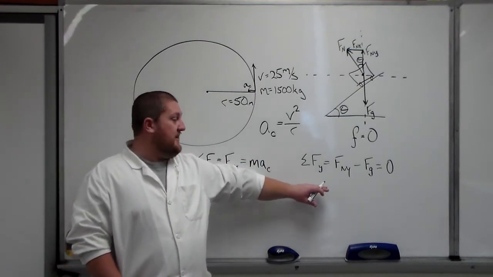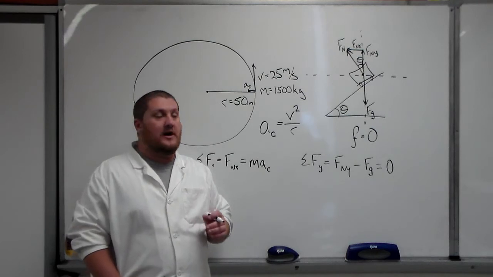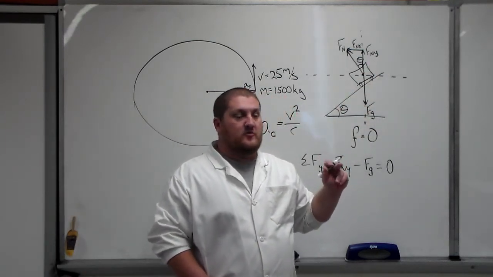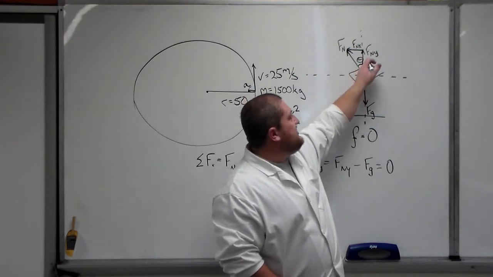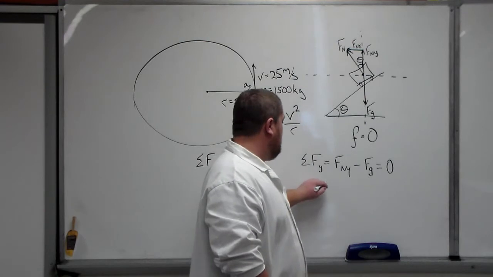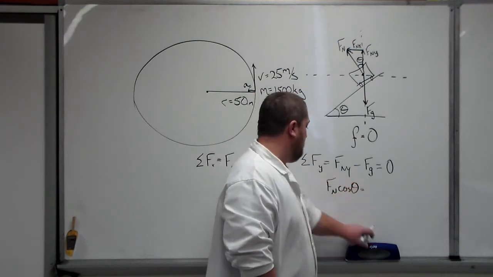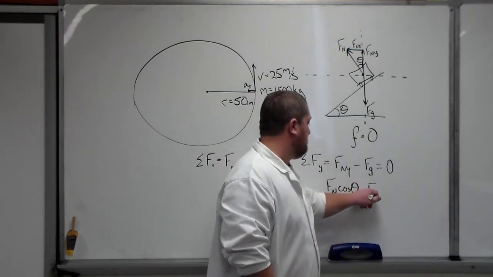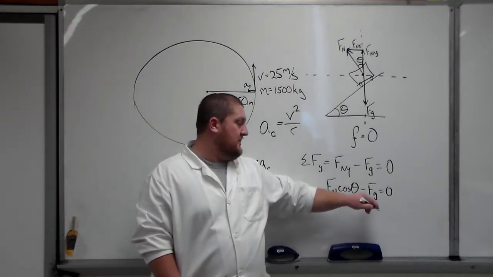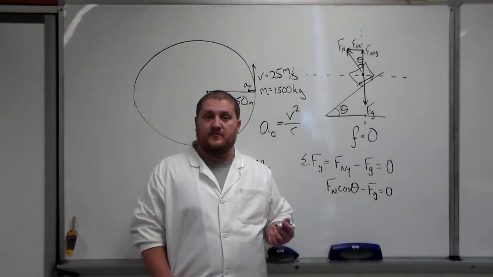Let's substitute a couple values in over here in the y. The normal force in the y direction is adjacent to the angle, which means it's the cosine component. So the normal force times the cosine of the angle minus the weight is equal to 0.